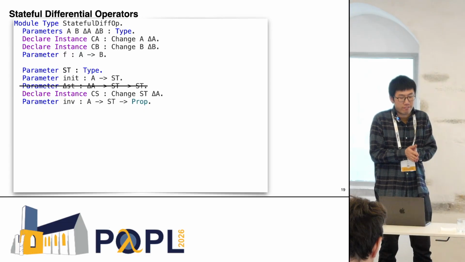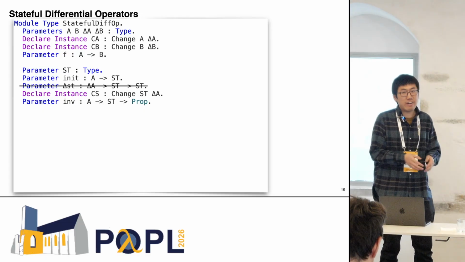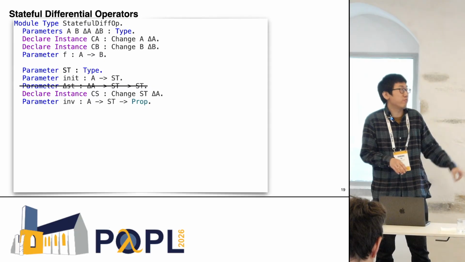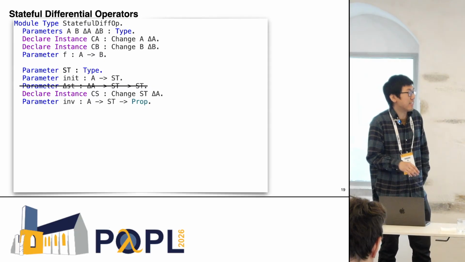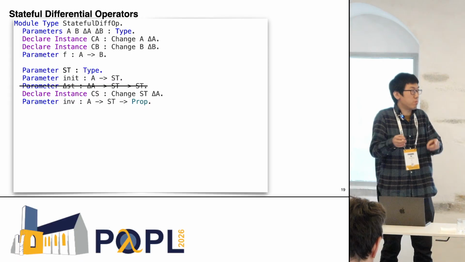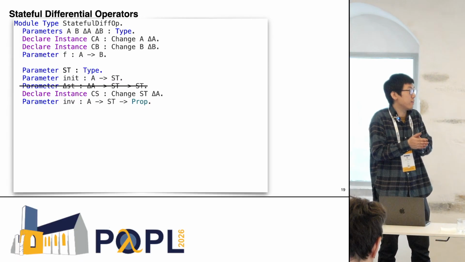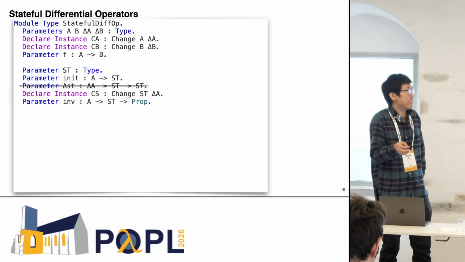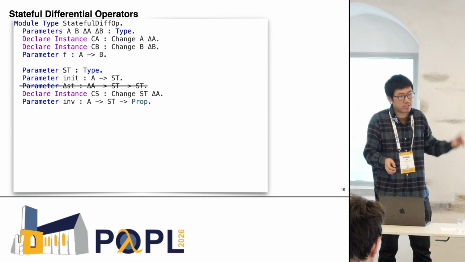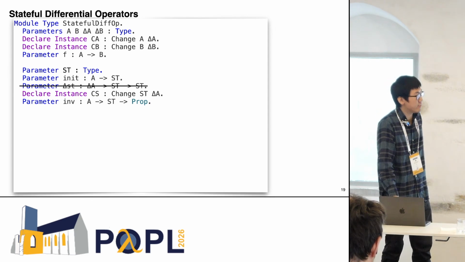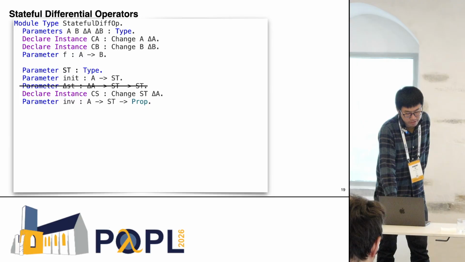And also, for verification, we must specify what the correct state is, which we just put as an invariant here. I know in the first talk there are more interesting ways to verify the internal state is correct, but here we just use a customized binary relation, which is very general.